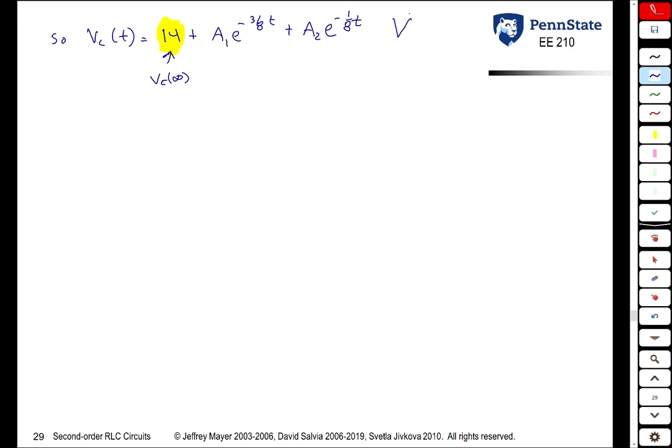To find the coefficients A1 and A2, we next need to take the derivative of VC of t. So VC prime of t is going to be minus 3/8 A1 e to the minus 3/8 t minus 1/8 A2 e to the minus 1/8 t.